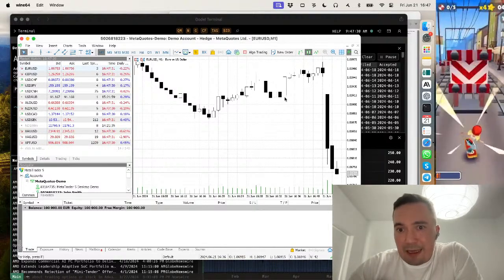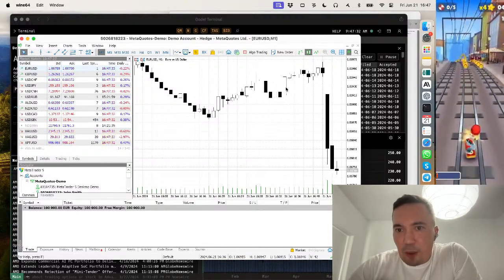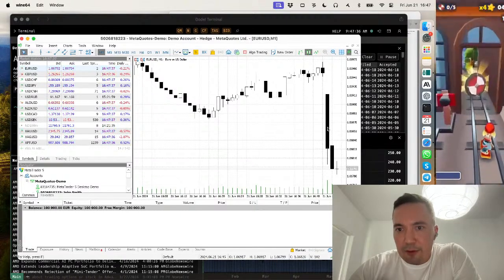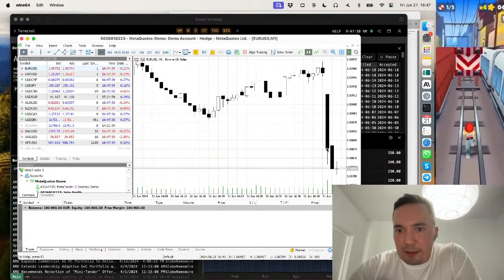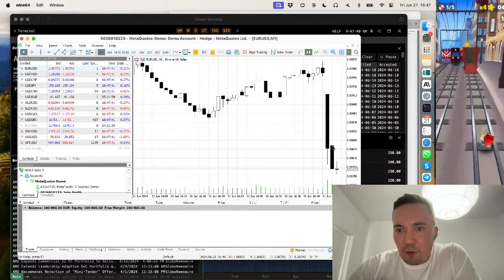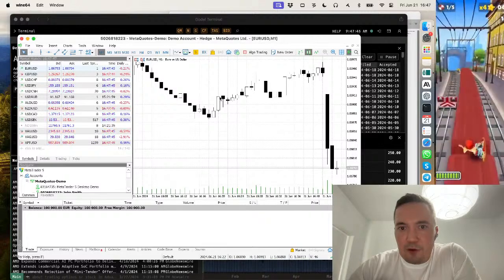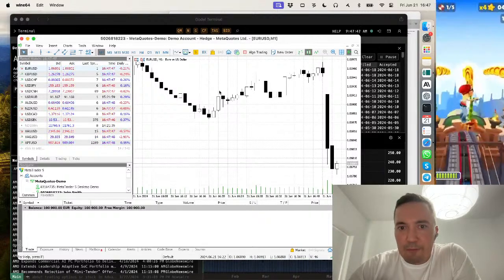So basically, if the candle is empty, the price went up. If the candle is filled, the price went down. So this is the open price, this is the close price. This is the open price, close price. This is open price, this is close price, because it's empty, so it went up.